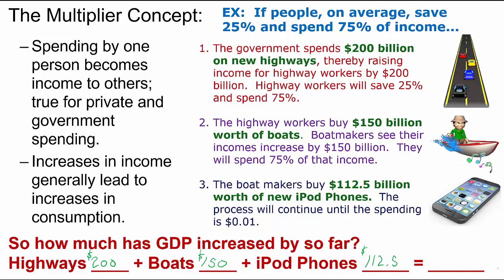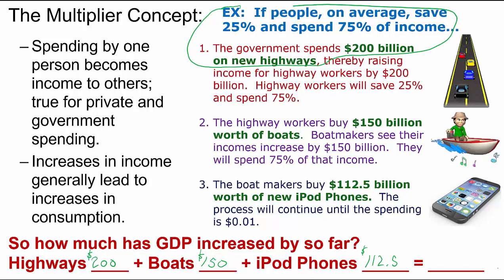So what you're about to learn is that by being given this information right up here, just what I circled at the top, you'll be able to tell me that GDP would actually grow to an amount of 800 billion. So that's why you've got to pay attention so that you'll understand how to do that.